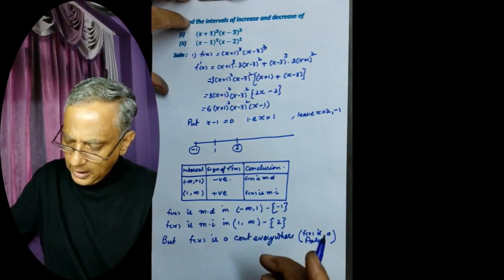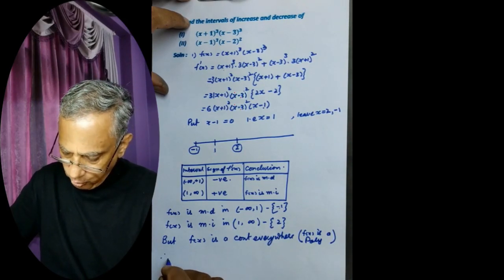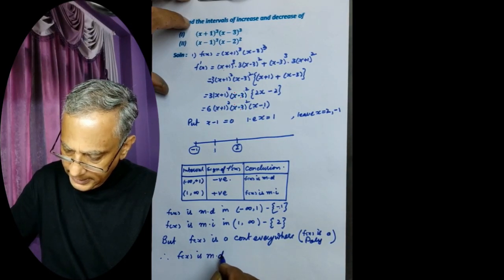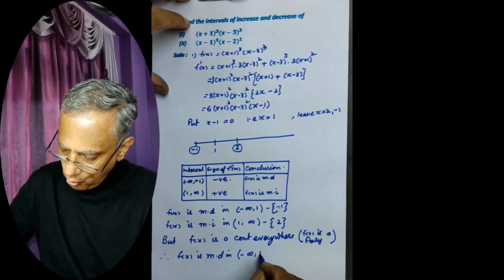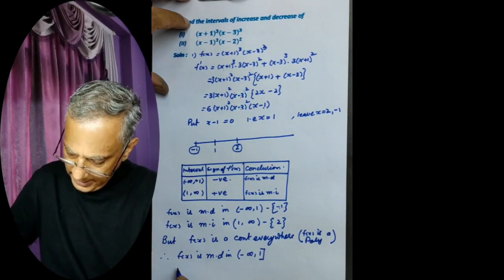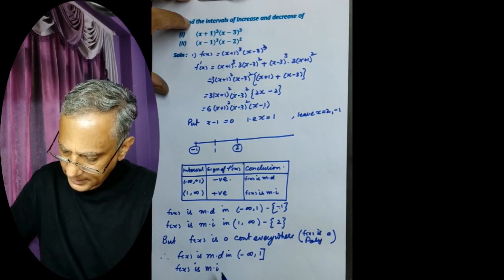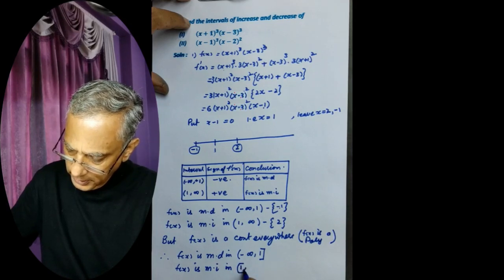So we can include these points, and therefore fx is monotonically decreasing in minus infinity to 1, and fx is increasing in 1 to infinity.